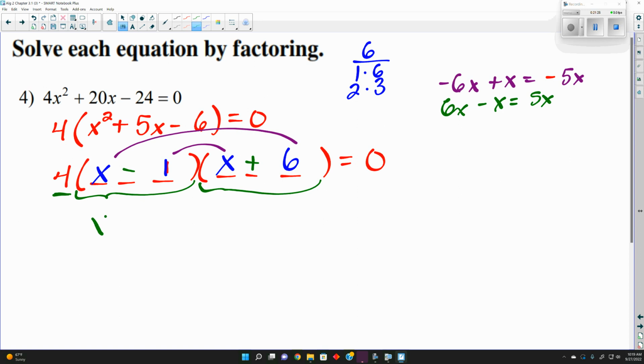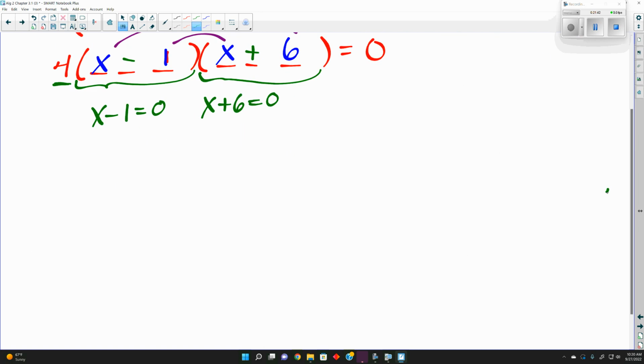So really all we're saying is that x minus 1 is 0 and x plus 6 is 0, because one of these two is going to make it 0. The 4 is just a number. It's one of our scalars, so it's not going to affect the overall problem. It will change the rest of the graph. It just won't change where this is 0.